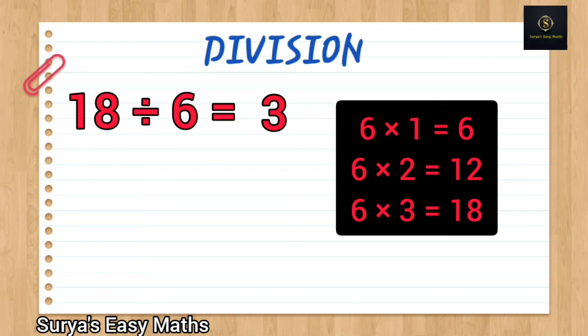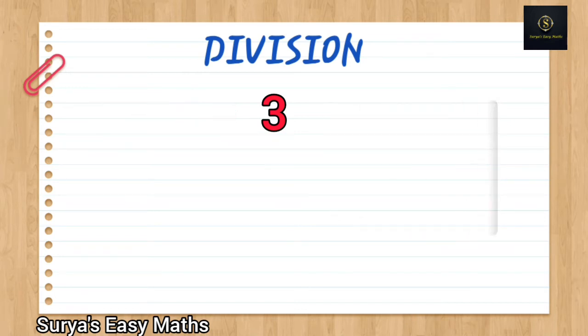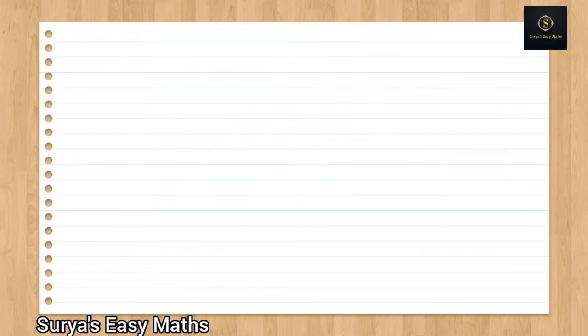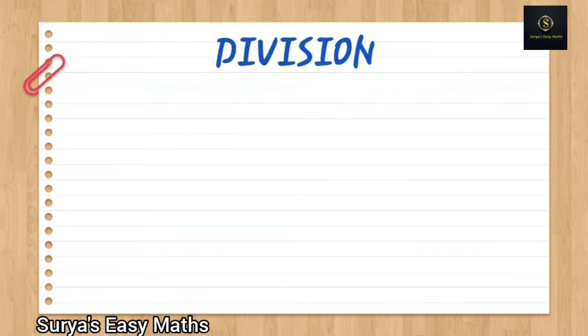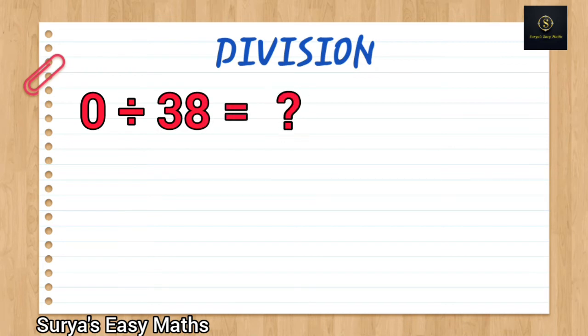So dear children, you saw how tables are important for solving problems? Yes, so everyone should learn tables. Now, let's see another example. That is 0 divided by 38 is equal to what? Can you tell me which table you are going to think of?